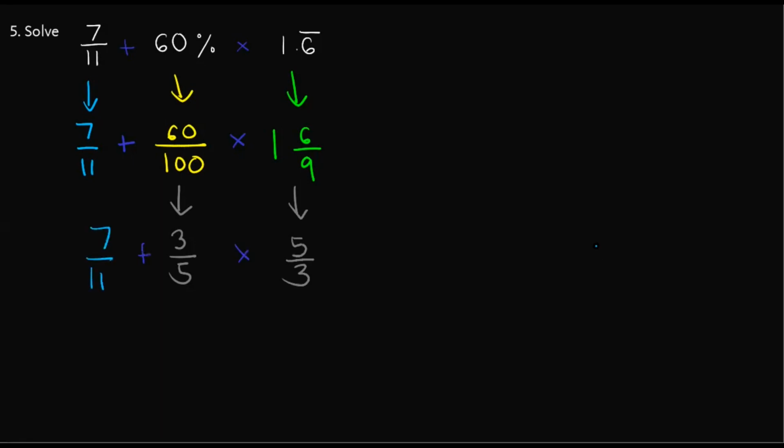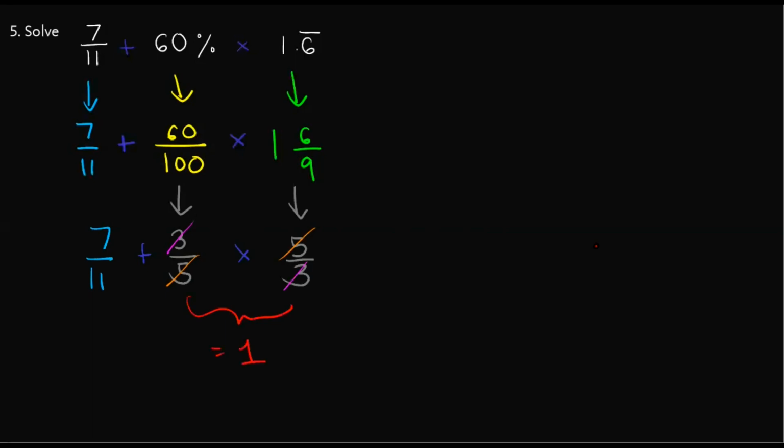Now here, what can you observe out here? Observe that we can actually cancel out the 3 here and the 5 here. So this whole part out here is actually equal to 1.